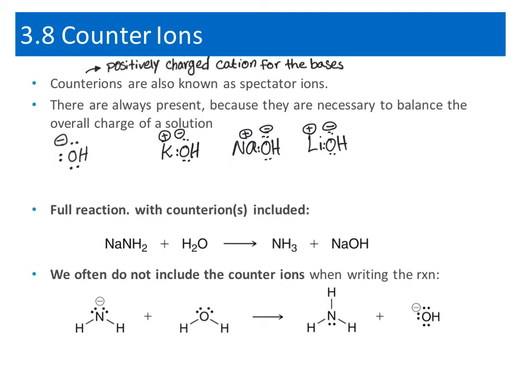So these metals are all the counter ion for the hydroxide anion. But what participates in the reaction is the hydroxide anion, not the counter ions. The counter ions, these metals, are just there to stabilize the negative charge.